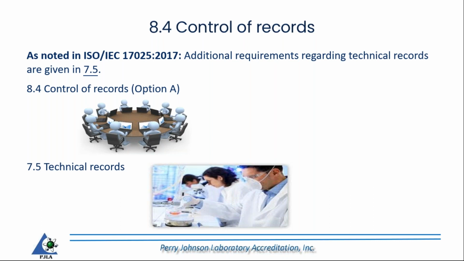Those folks that are 9001, you would be considered an option B candidate. This would be covered in that standard. If you're not 9001, it comes under your option A status. Section 7.5 is not considered option A or B. It's going to be assessed separately under the technical portion of your assessment or audit.